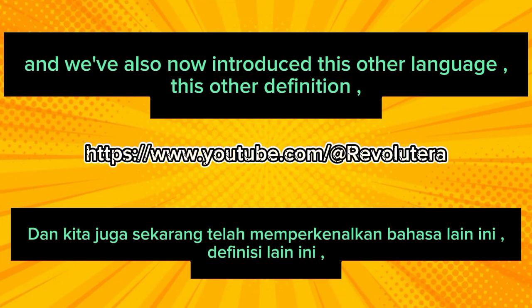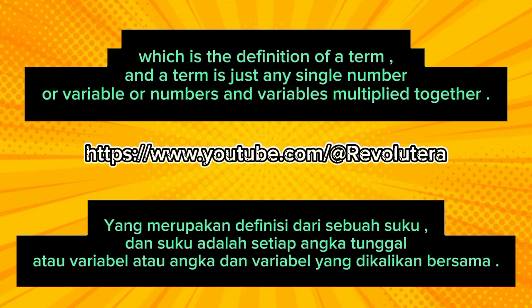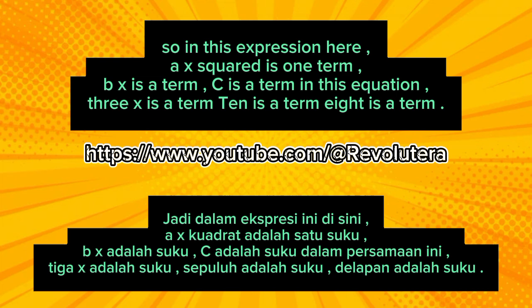And we've also now introduced this other definition, which is the definition of a term. A term is just any single number, or variable, or numbers and variables multiplied together. So in this expression here, ax squared is one term, bx is a term, c is a term.